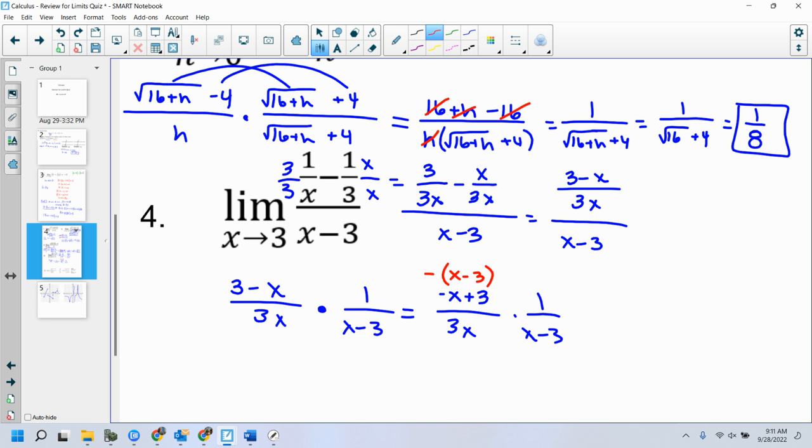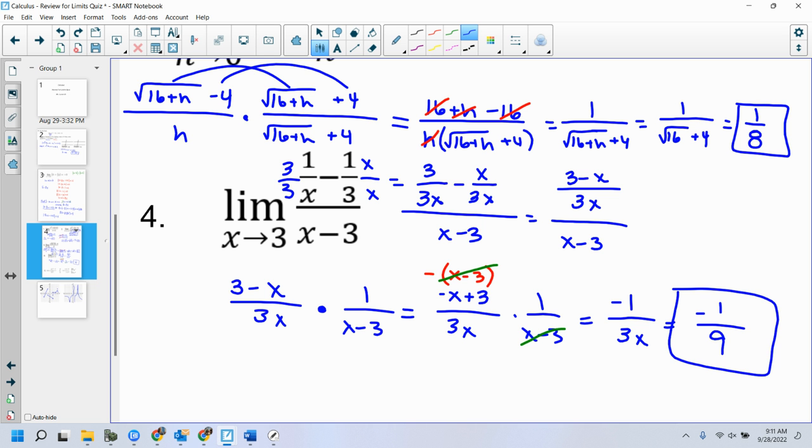Yeah, I can. So now I can do that, which means I have a negative 1 over 3x. And the limit as x goes to 3 would be negative 1 over 3 times 3, negative 1/9.